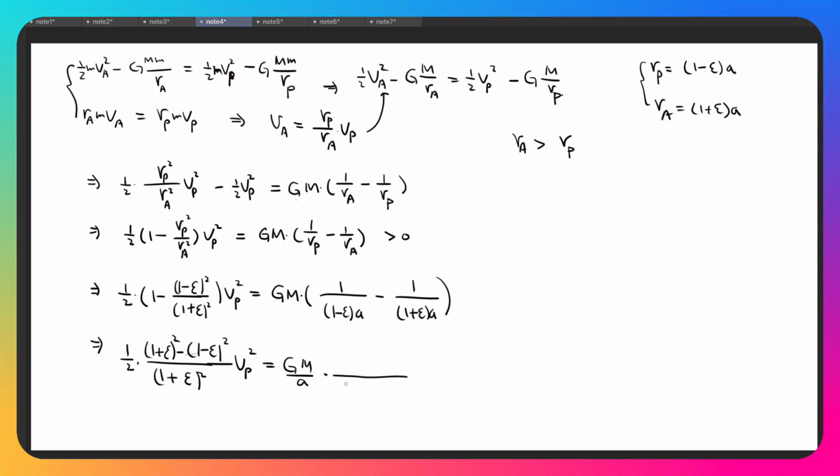So I have 1 minus epsilon times 1 plus epsilon. And then in the top, I have 1 plus epsilon minus 1 minus epsilon. And let's see what we get. Now first, I can do some cancellation already. So 1 plus epsilon cancels out with this power 2.